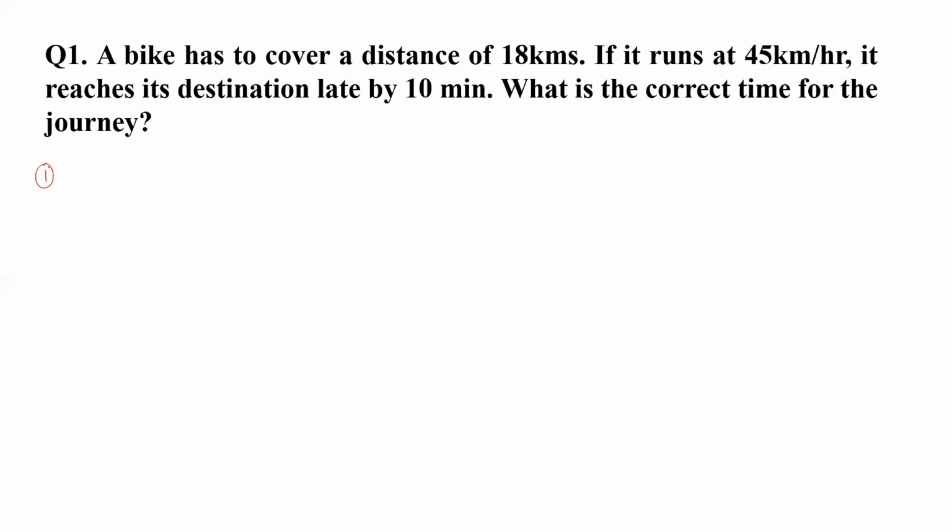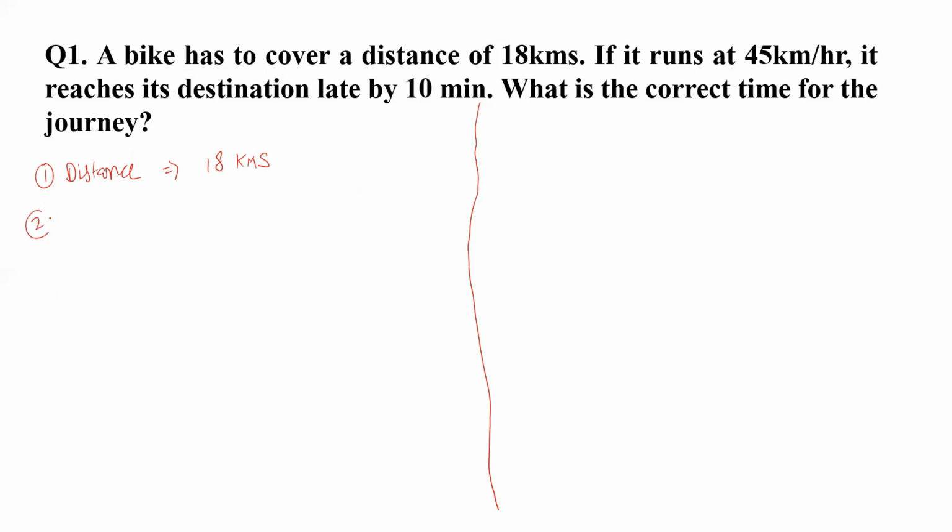That means first of all, distance has been given to us. So distance is equal to 18 kilometers. I'm just marking a simple line here so that I can divide this page into two parts so that everything is covered in this page only.